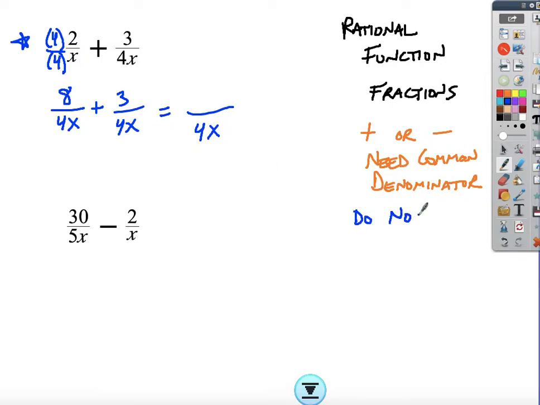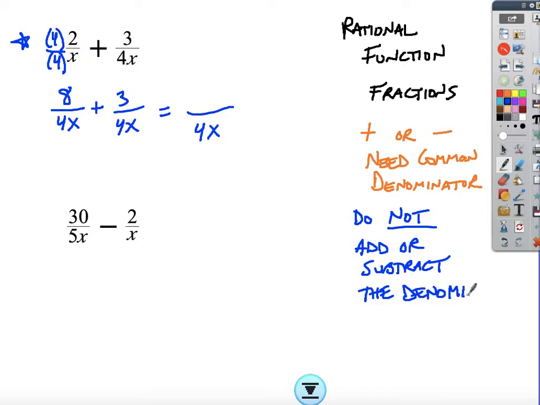Maybe you write yourself a little note. Do not add or subtract the denominators. The bottom. Whatever is your common denominator stays your denominator, okay?